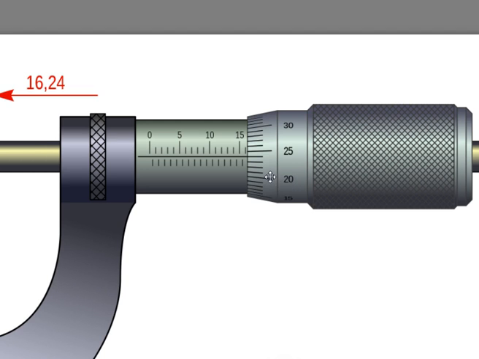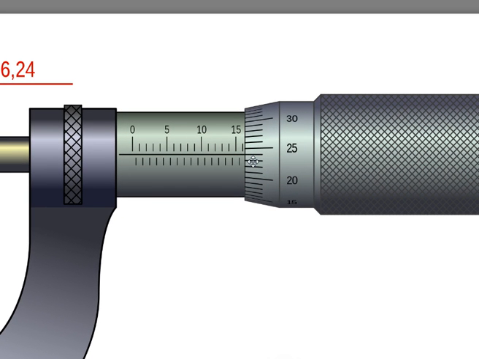Now if I try to take this reading on this micrometer, you have to again look for the main scale reading first. Here, like this is 15 and this is the 15.5 line, then this is the 16th line. The 16.5 line is not visible here, so your main scale reading is 16 plus. Now you have to look for the vernier scale reading.